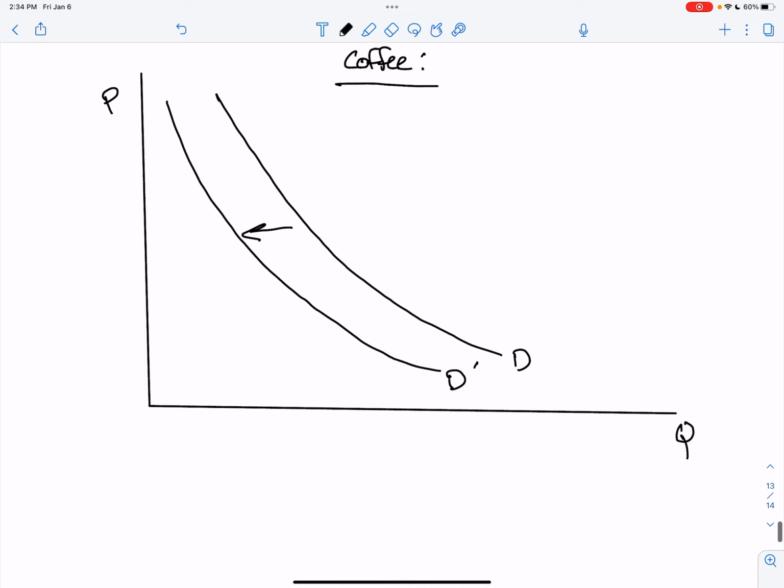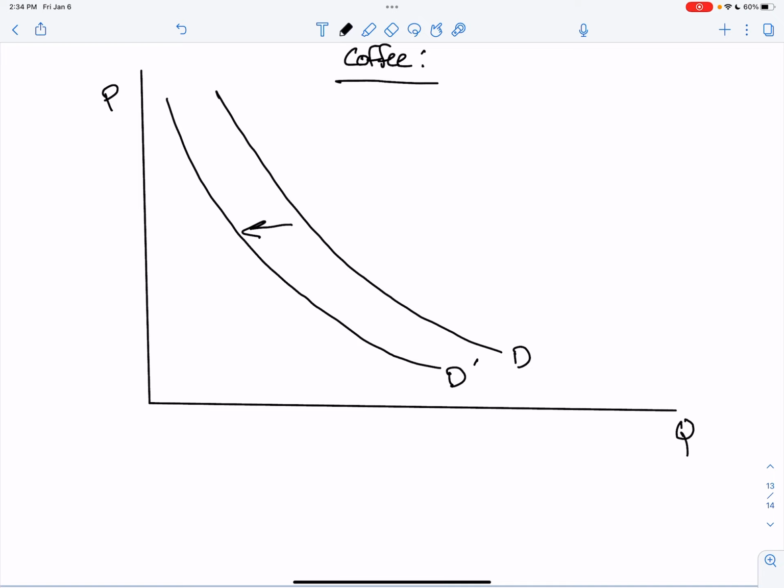But what if I also told you that the price of coffee has decreased? Now, let's say the initial price of coffee were here. So that's P1, okay?